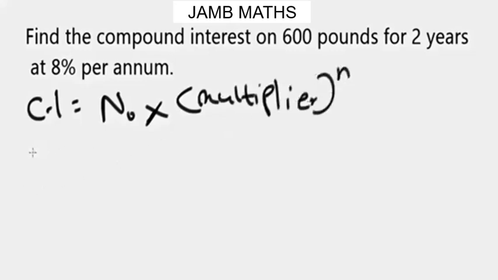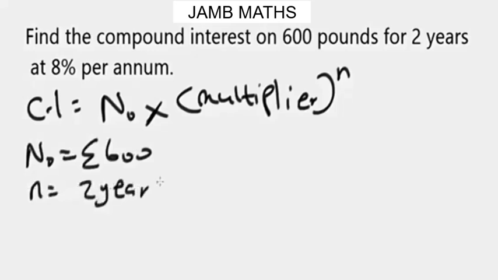From this question, our N0, which is our principal amount, is £600, and we have our n, which is the duration, as 2 years.